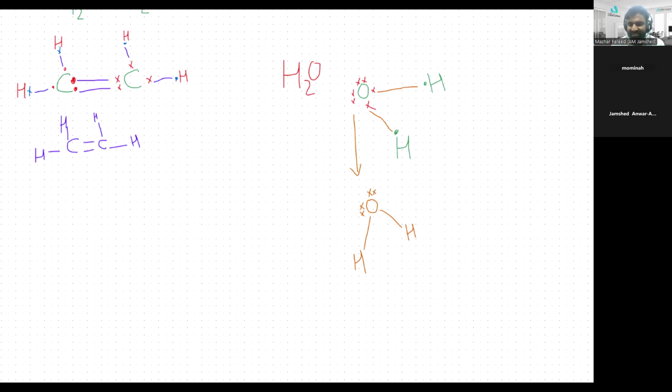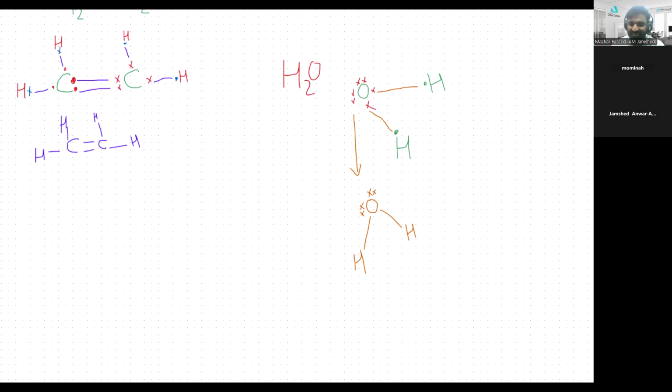And the number of bonding electrons present in the water molecule? 4.